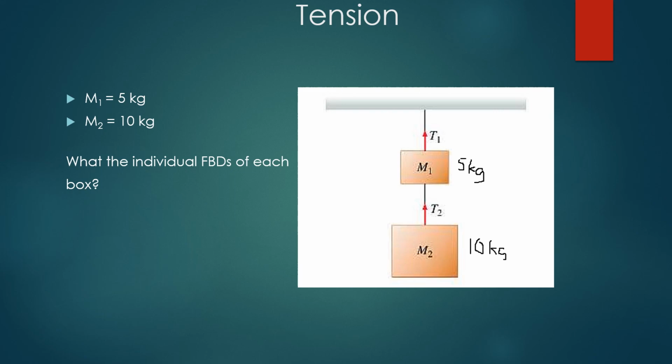They are just hanging still from the ceiling. They are not moving. Since they are not moving, we can say that the acceleration is 0. So if we know that the acceleration for each of these boxes is 0, we know that the net force of each box is 0.